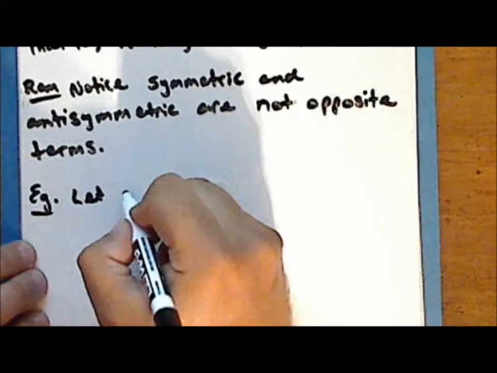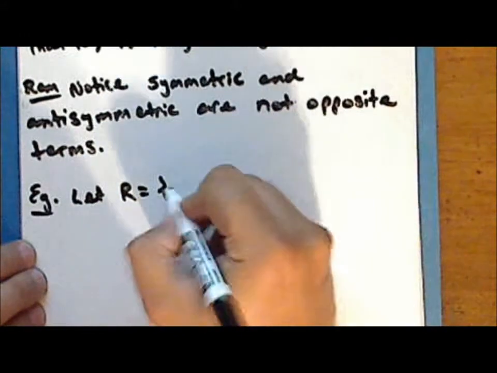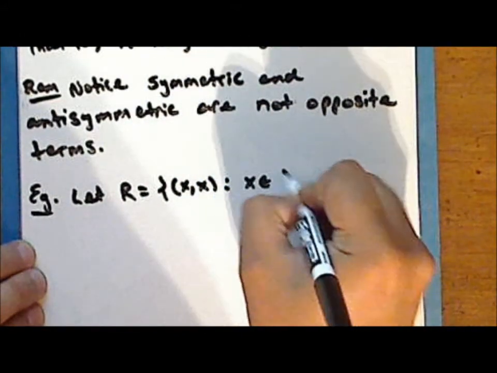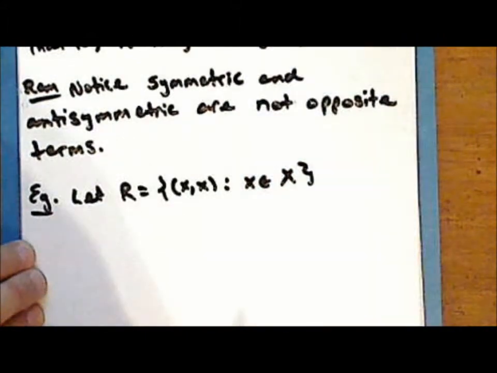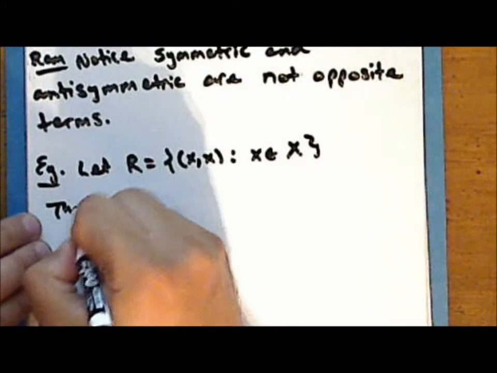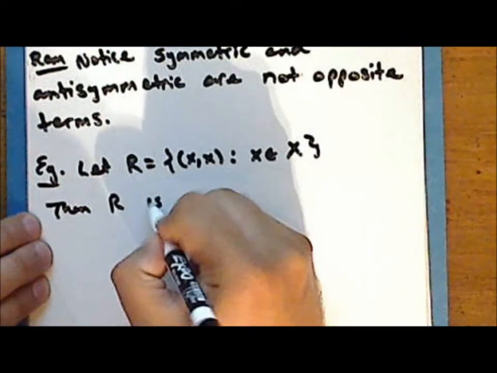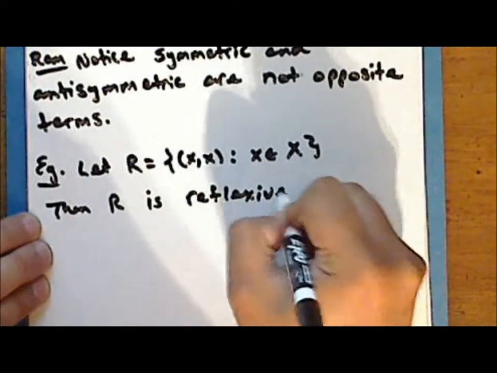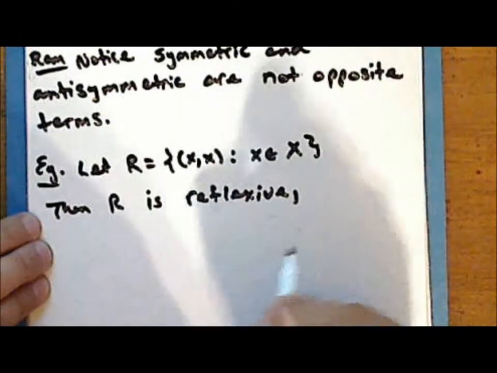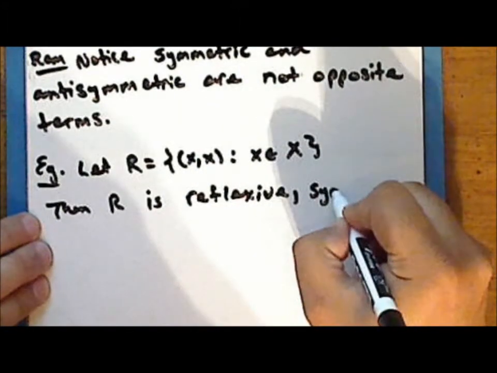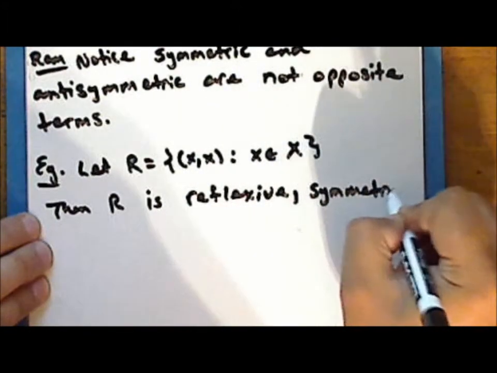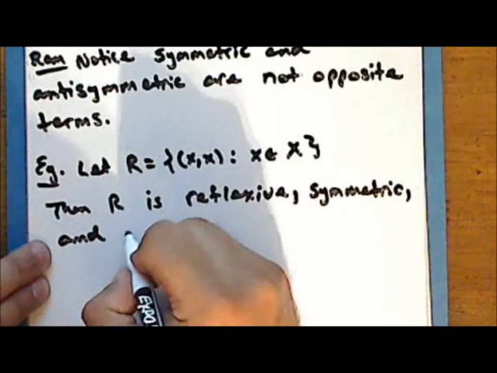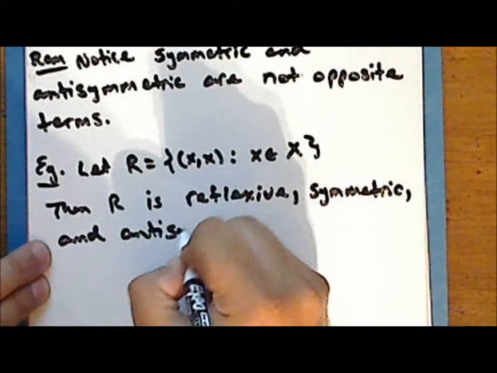So let the relation R be the set of ordered pairs x, x, where x is in the set X. Then this relation R is reflexive. Notice that it is also symmetric, and it is also anti-symmetric.